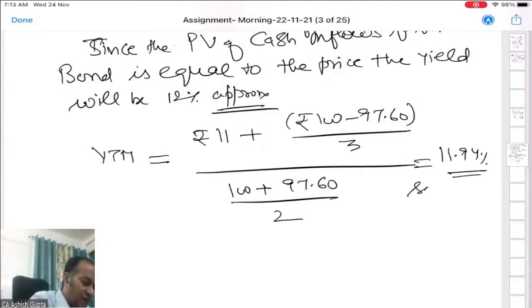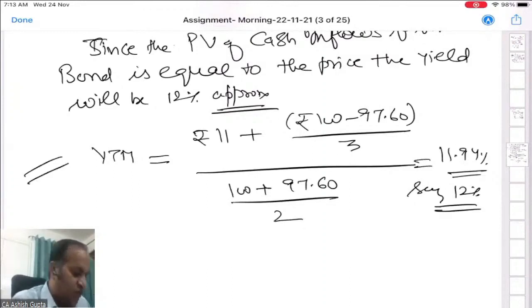It gives somewhere near 12%. But please remember, use this formula as a last resort. If this question is coming for 4 marks, then of course you can use this method. But if it is coming for 6 to 8 marks, please follow the proper IRR method.